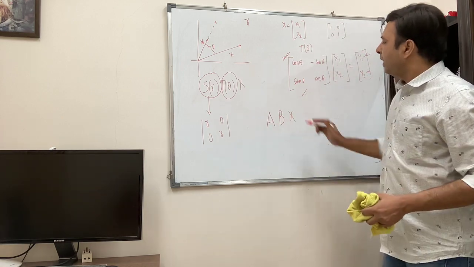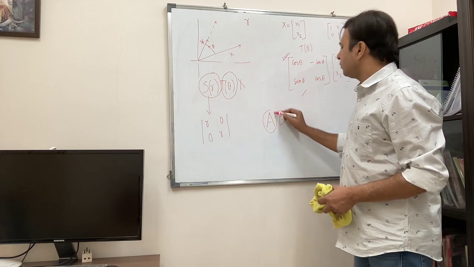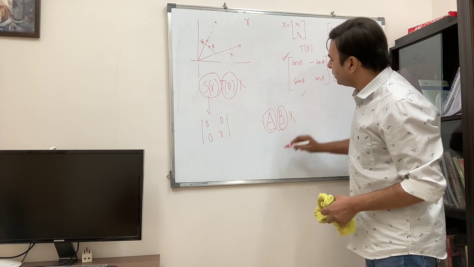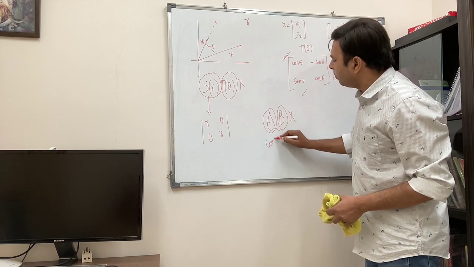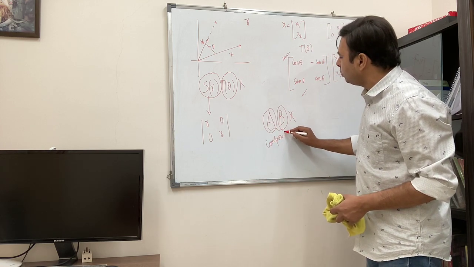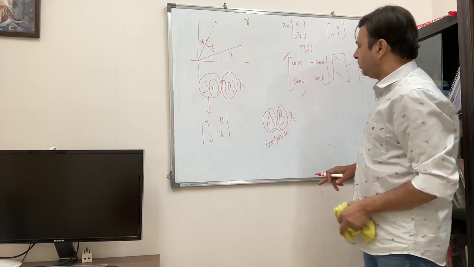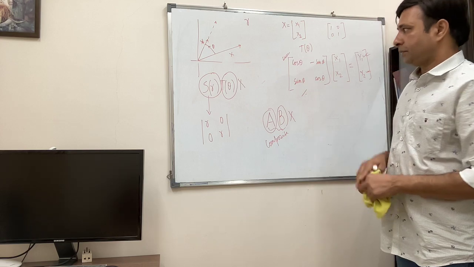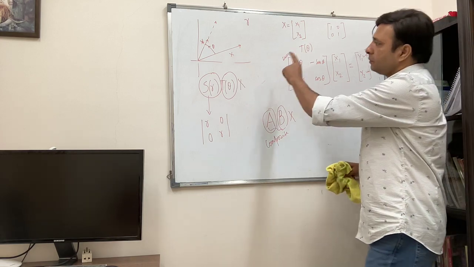You can think of A as some transformation, B as some transformation. When I do AB, this is a compound or composite transformation. I am composing a new transformation which does both A and B. That new transformation applies on X. So you can think of it both ways.